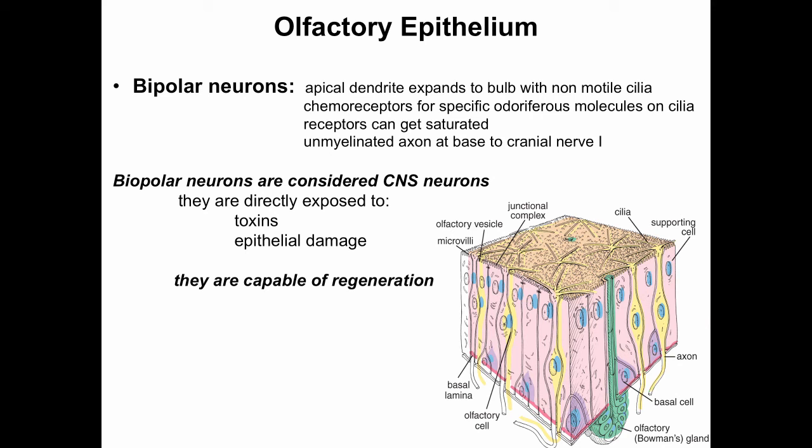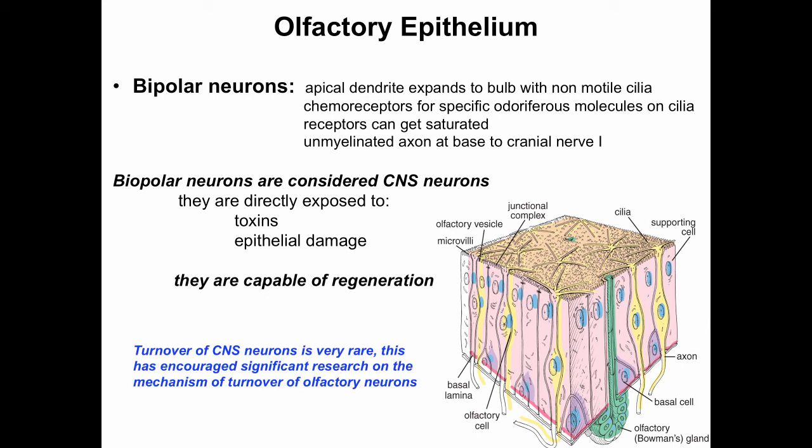Now, these bipolar neurons are considered CNS neurons, but they're unusual in that they are directly exposed to various toxins, and oftentimes they're exposed to things that cause epithelial cell damage. So they get damaged fairly frequently, but they are capable of regeneration.